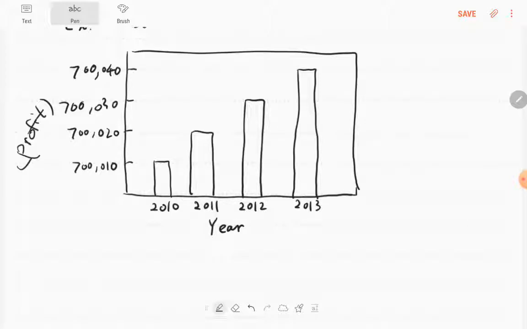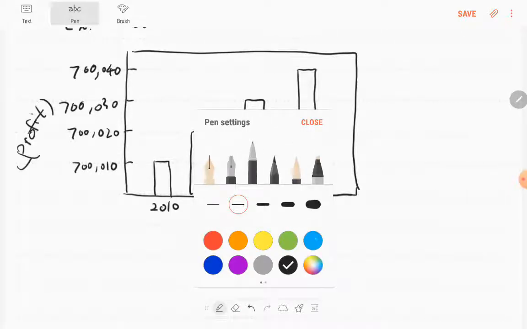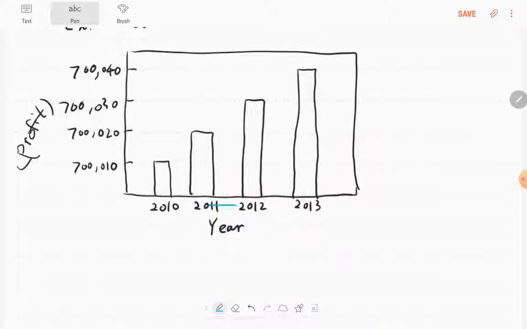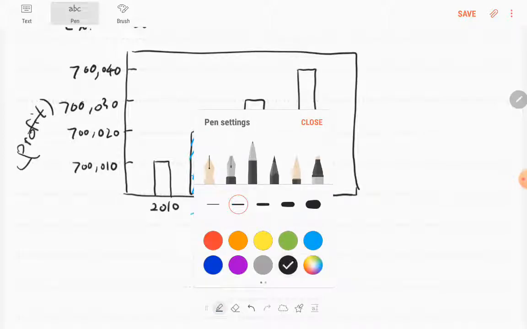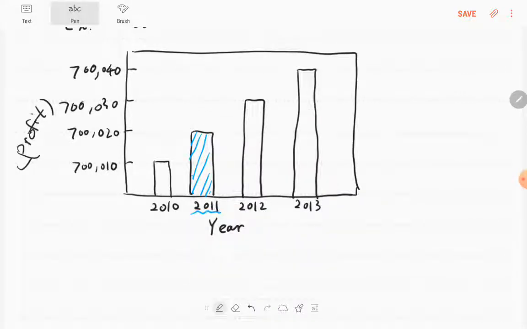We find this part. This one is 2011, which means we're interested in this bar, right? So we want to know the profit corresponding to 2011.